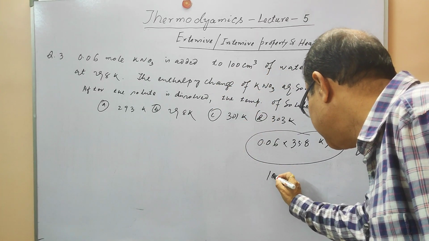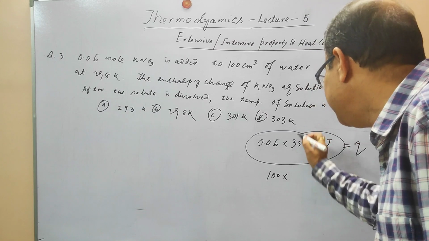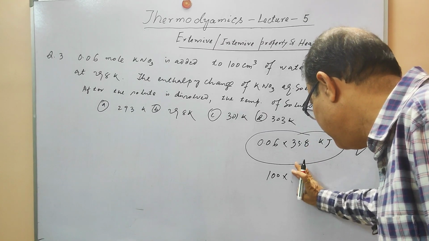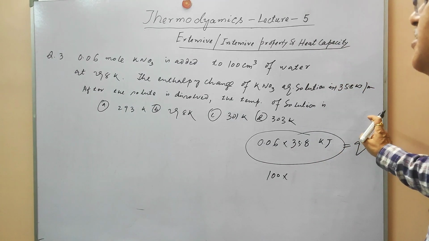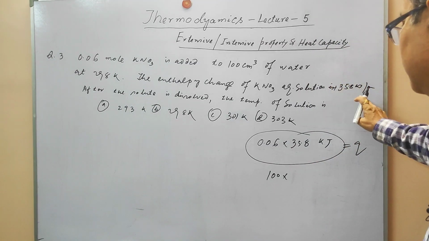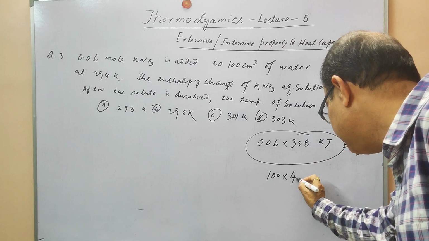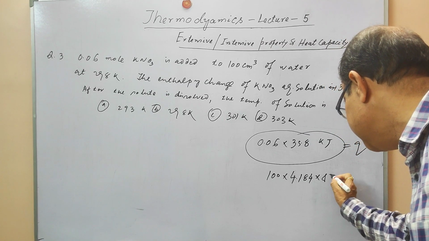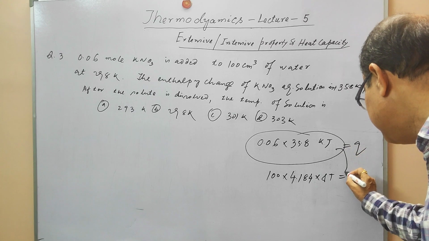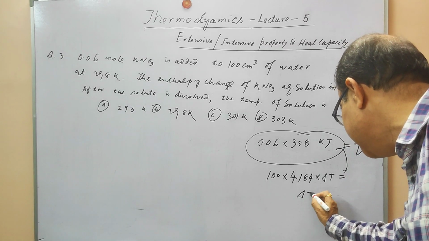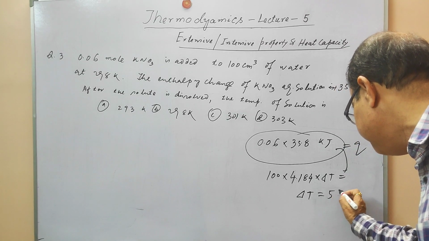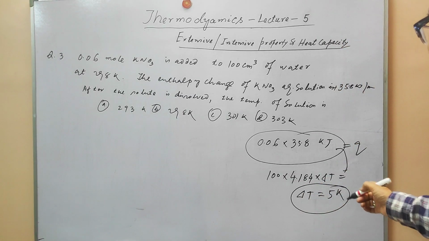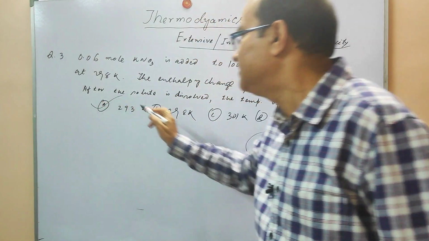So you can see water, mass into specific heat. And here one thing, it is in the joule, so here specific heat we have to take as 4.184 into del T. So you can equate, and you can find del T is coming around 5 Kelvin. So the temperature will decrease.